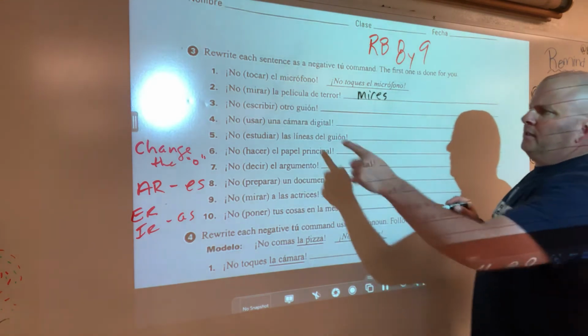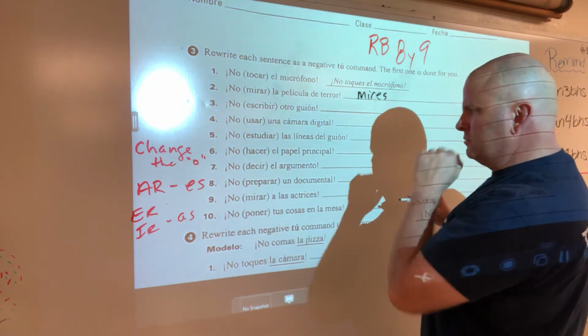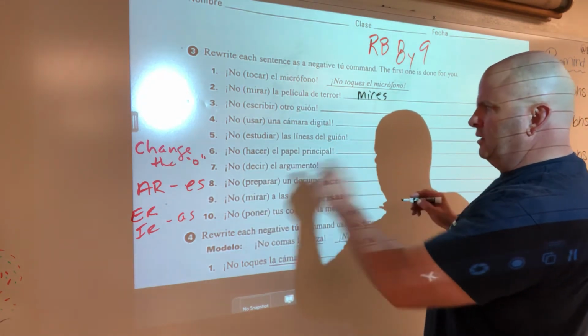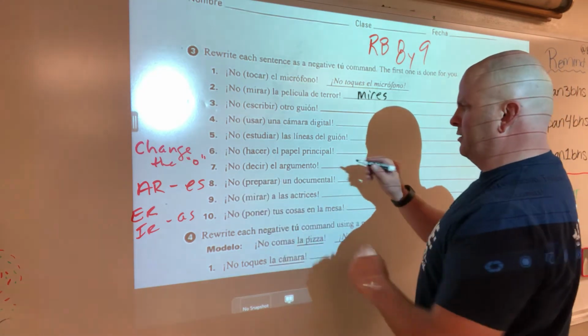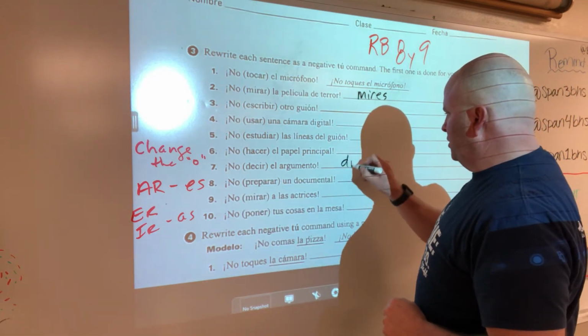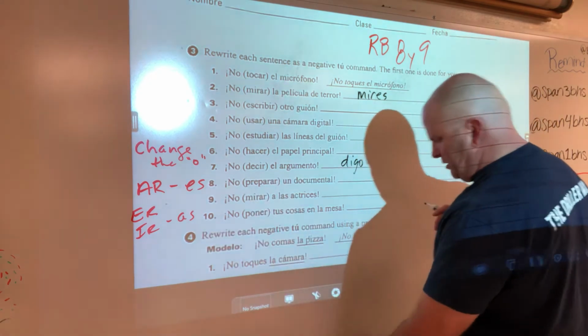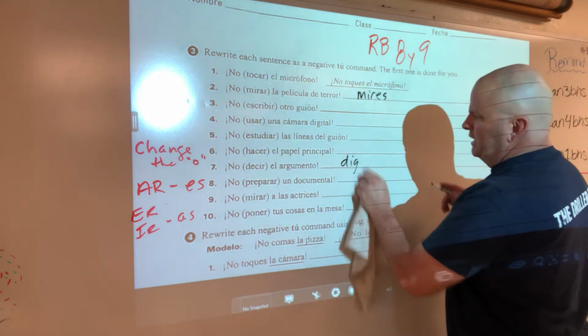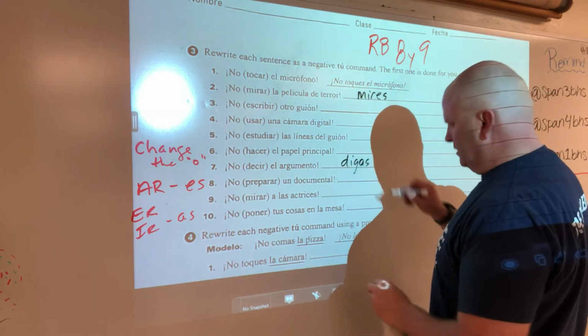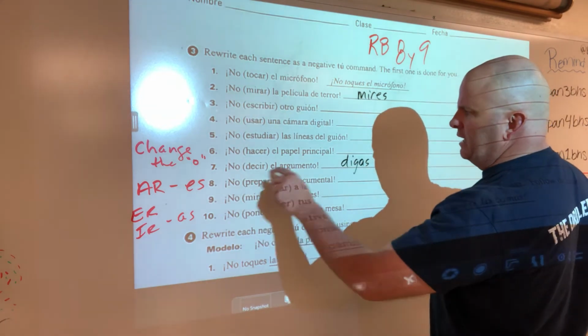Let's do this one, it's a little weird. Decir, again, we work off of the yo form, digo. It's an IR verb, so we change the O to AS. Digo changes to digas. So no digas el argumento.